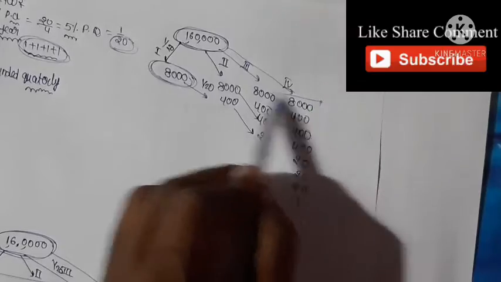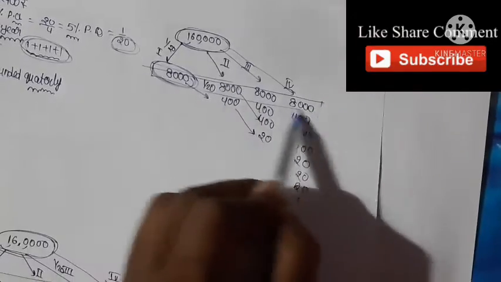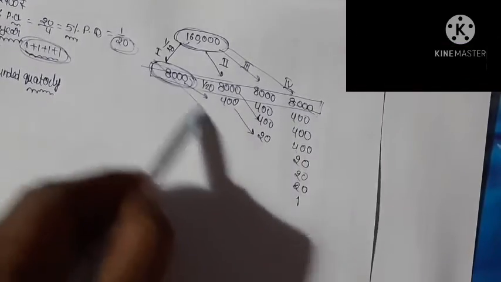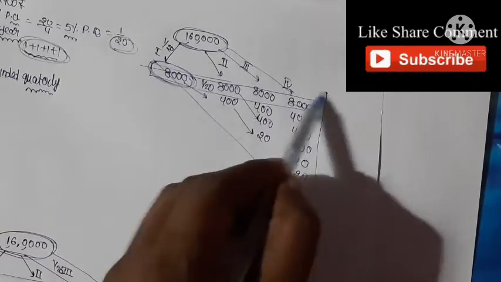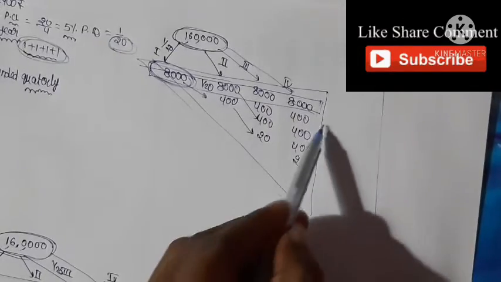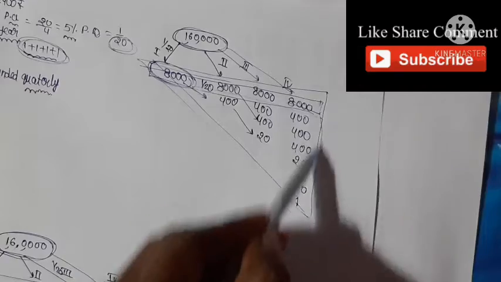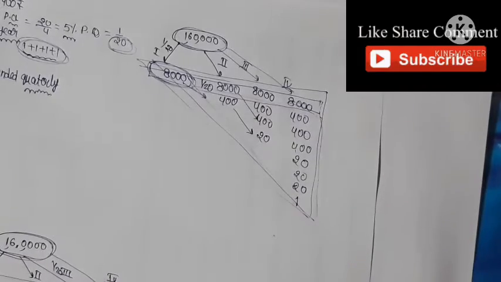So this is the simple interest. This total represents the compound interest. This is the difference of compound interest minus simple interest.